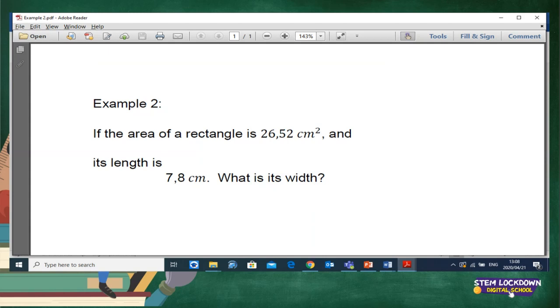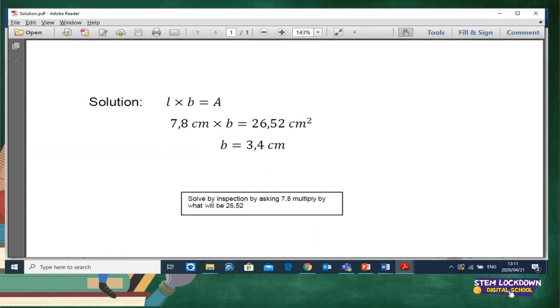And let us proceed. Of course, in the next slide, you should be able to see that L times B is equal to A. That will be the formula to calculate the area of the rectangle.